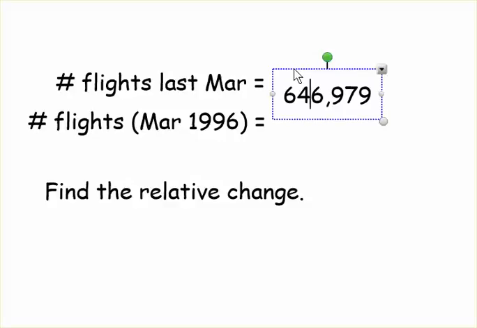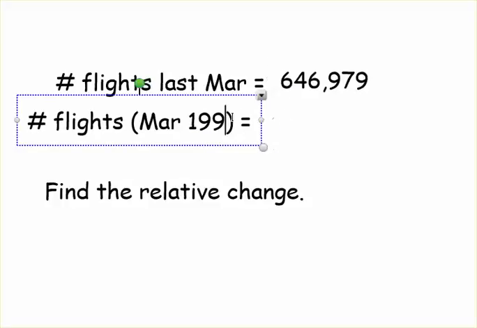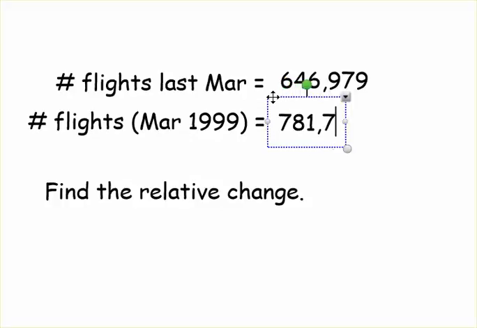This actually was 1999, so let's change that. And then we'll type in here, how many flights did we have in 1999? We had 781,744. And they're asking us to find the relative change.